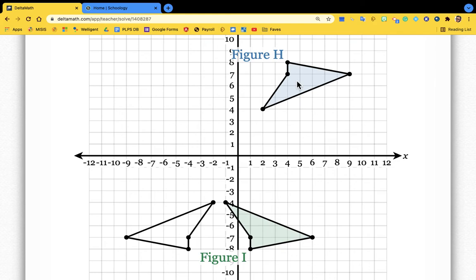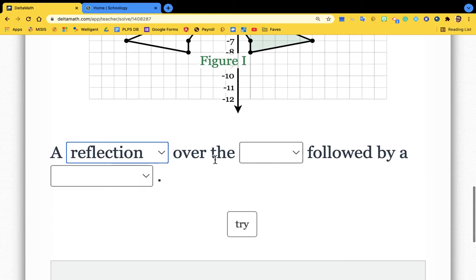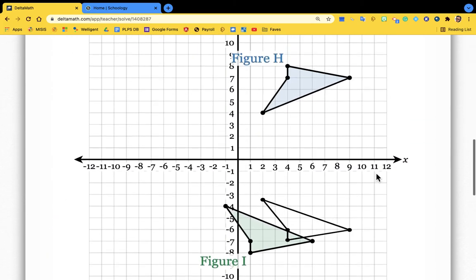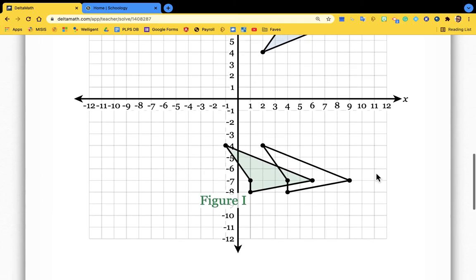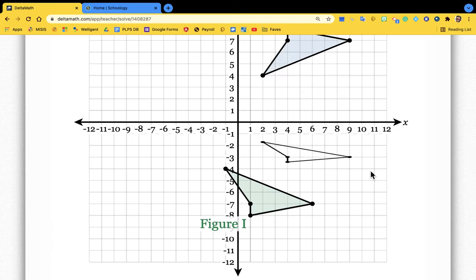Let's see. I want it to go down. So if I'm reflecting down, then the mirror is on the x-axis, so I'm going to reflect over the x-axis. Let us hit try and let's see what happens. Oh, look at that. Let me hit try again. Yes, that's good.